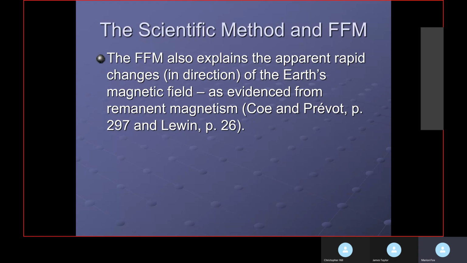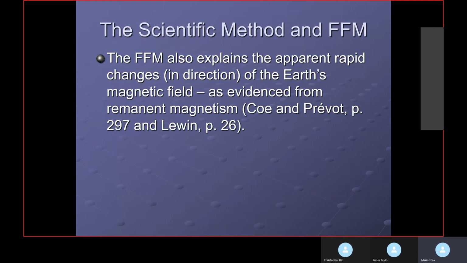They've taken lava that was magnetized, and then the lava solidified and stayed in one location. What they found in this, Coe, Prévot and Lewin, whom I've cited earlier, was that the magnetic field moved by 30 or 40 degrees in direction in just a day or two in this lava.